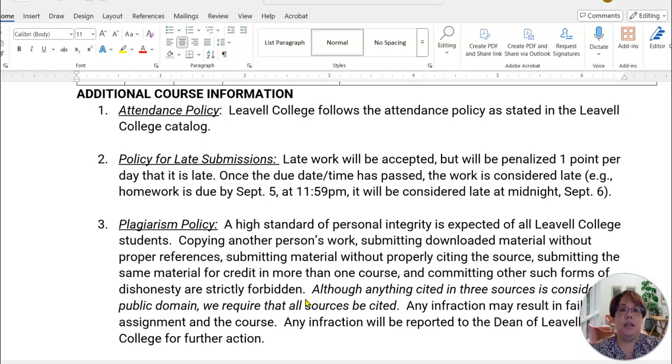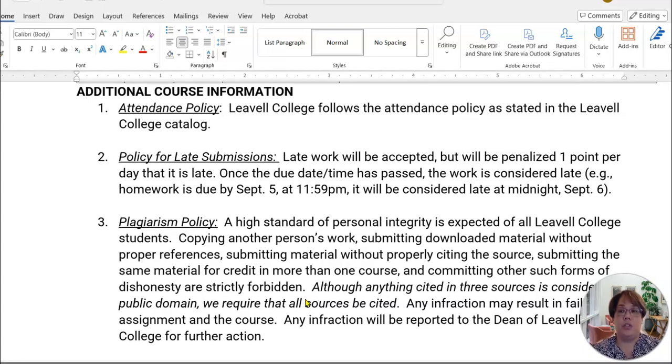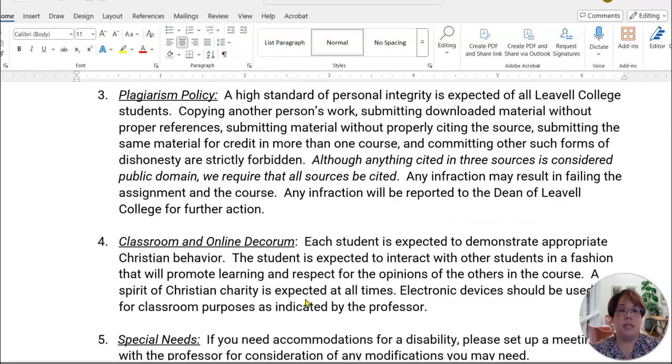And then the attendance policy, that's going to follow the catalog. The late policy can vary depending on your instructor. And so just double check with your instructor to make sure you know the late policy.